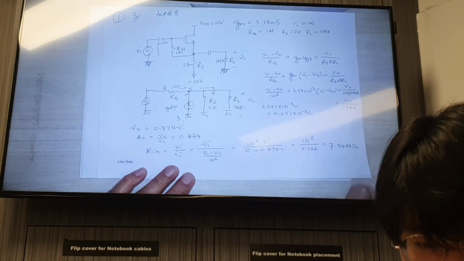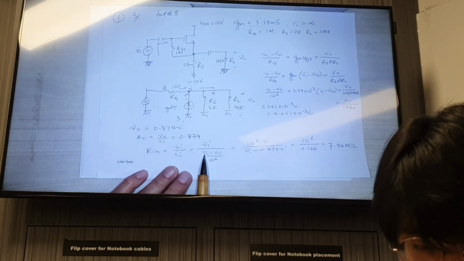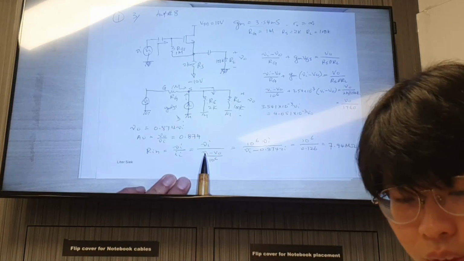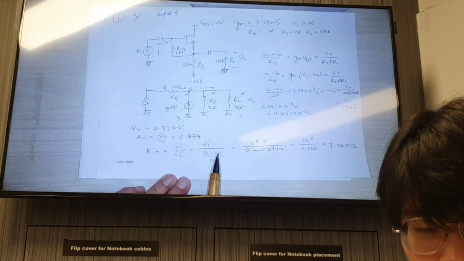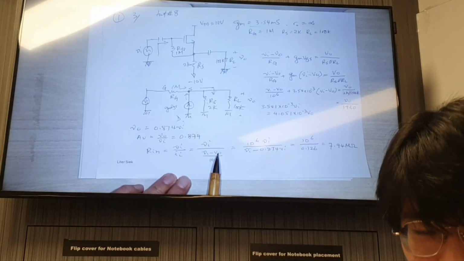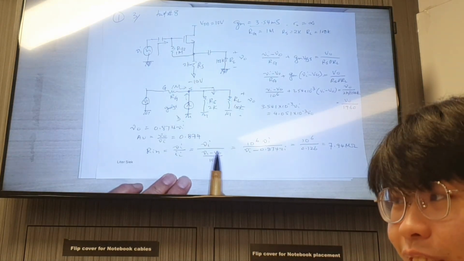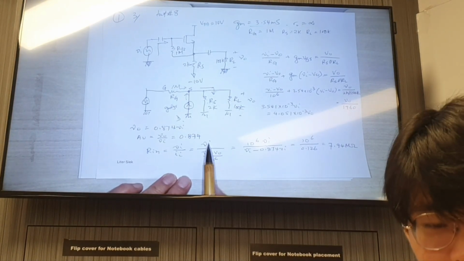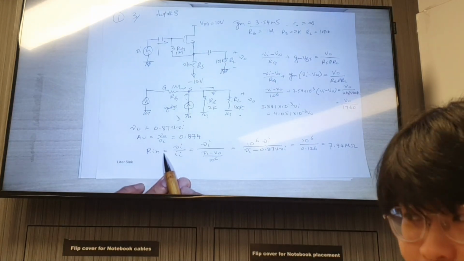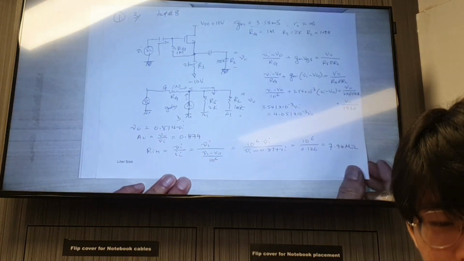If the gain is equal to 1, then we find that Rin will be infinity, because what would happen is that Vi and Vout will be the same. When Vi and Vout are the same, this term becomes 0, and whatever is divided by 0 is infinity.